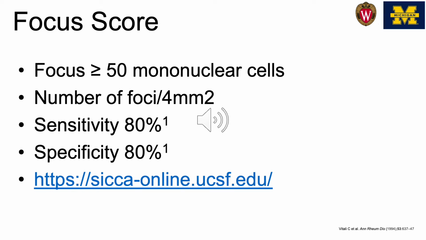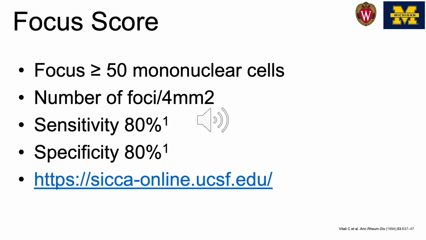Ah, yes, the elusive focus score. Where did that come from? Well, focal inflammation is a feature of the salivary glands in Sjögren's, and it goes back as long as those glands have been examined. The first to bring some precision to this assessment was Waterhouse, a London dental pathologist, examining major salivary glands in autopsy cases.